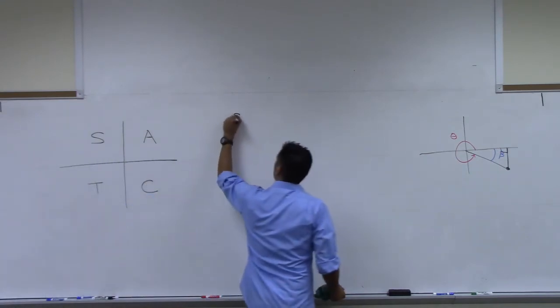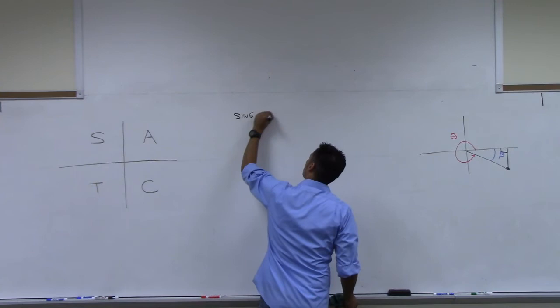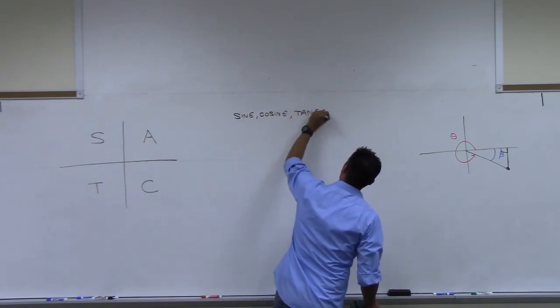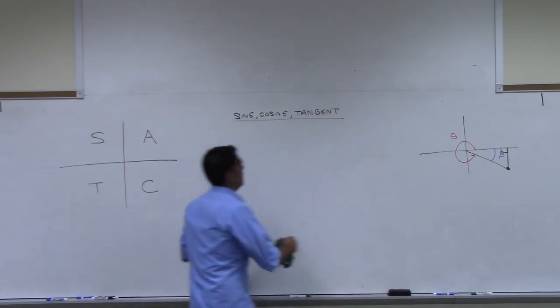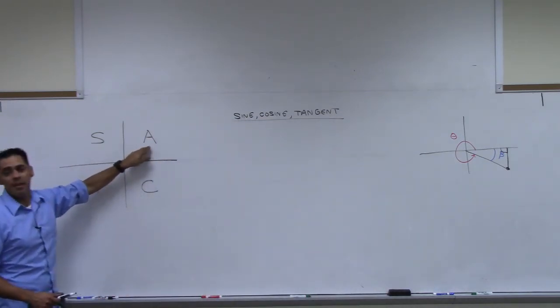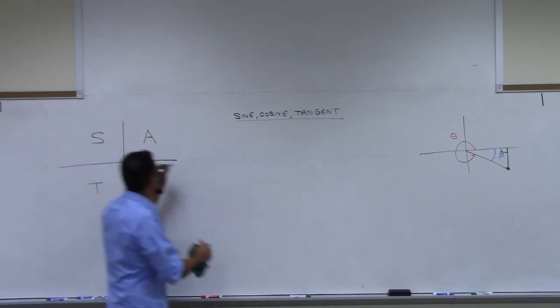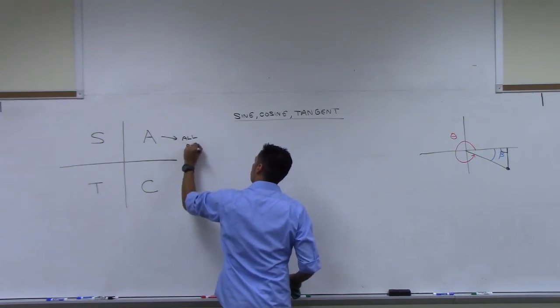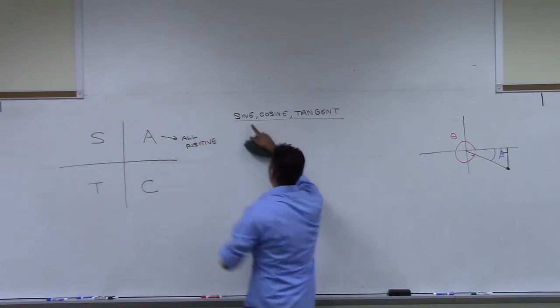If we're just looking at the sine function, the cosine function, and the tangent, just those three, then in the first quadrant, all of them are positive. So the A here means all are positive. All three.